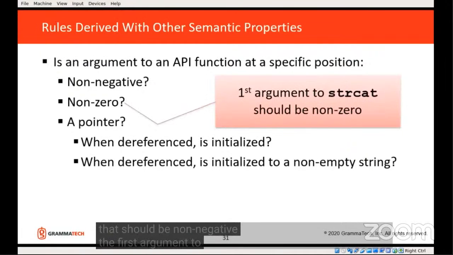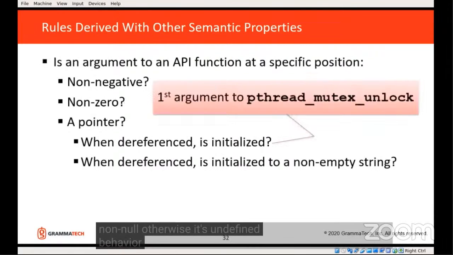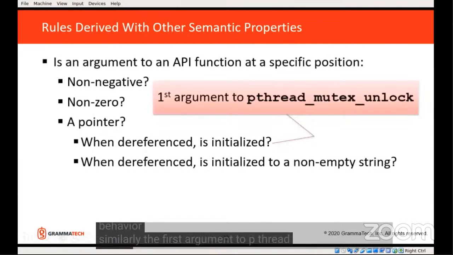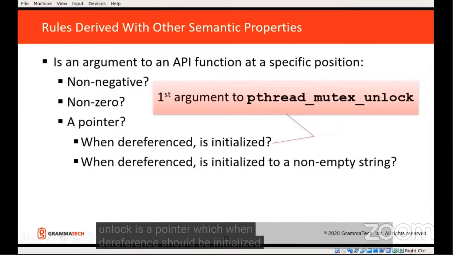The first argument to strcat should be non-zero or non-null, otherwise it's undefined behavior. Similarly, the first argument to pthread_mutex_unlock is a pointer, which when dereferenced should be initialized. In fact, it should be initialized with the pthread mutex object.